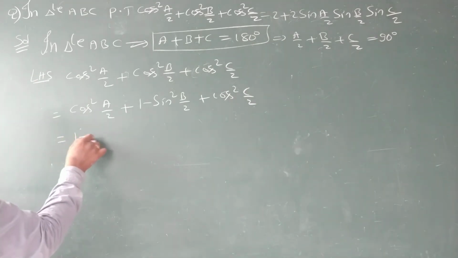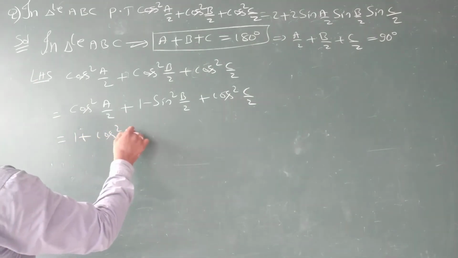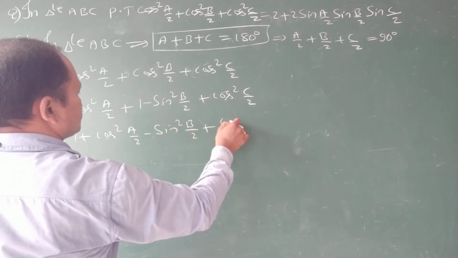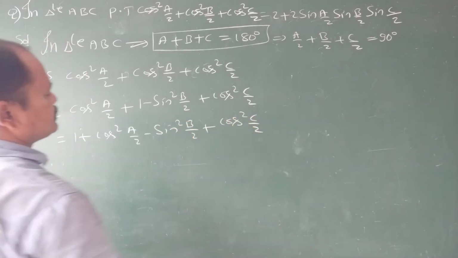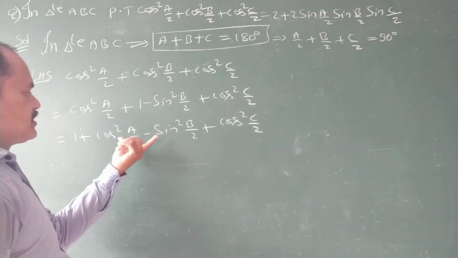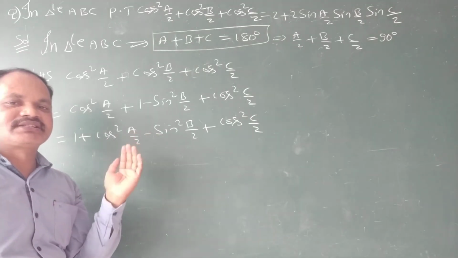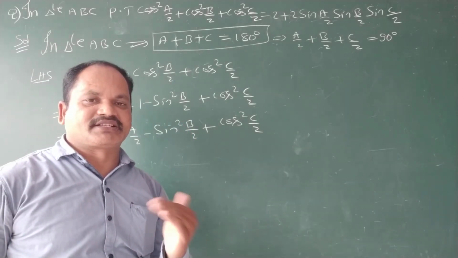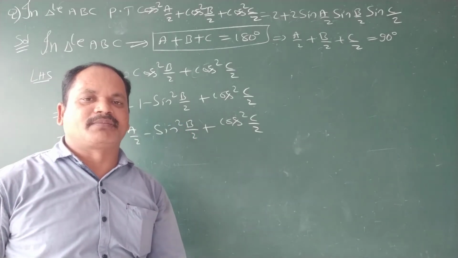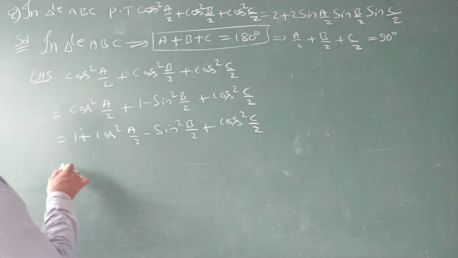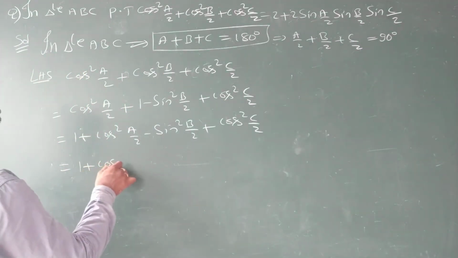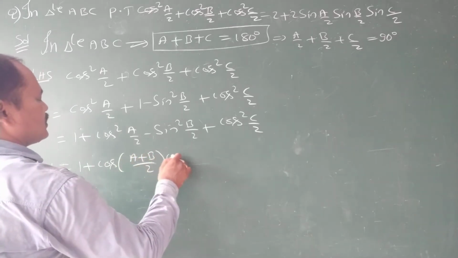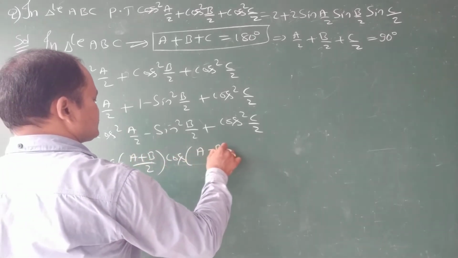So this can be written as 1 plus cos square A by 2 minus sin square B by 2 plus cos square C by 2. This is in the form of cos square alpha minus sin square beta, which is nothing but cos alpha plus beta into cos alpha minus beta. That's why it is cos of A plus B by 2 into cos of A minus B by 2.